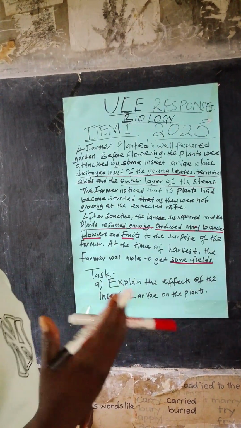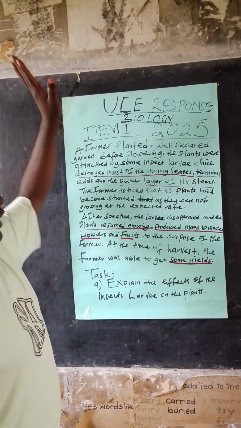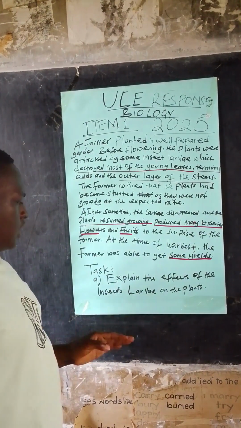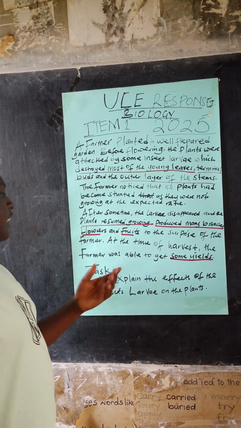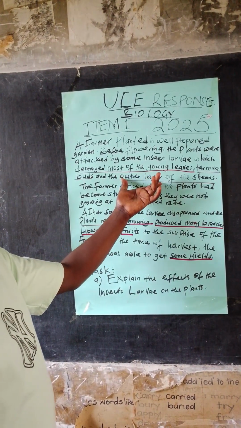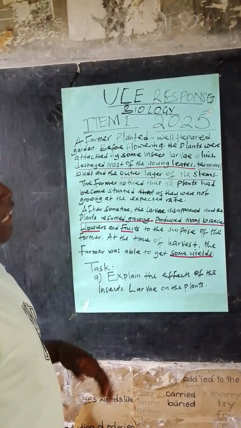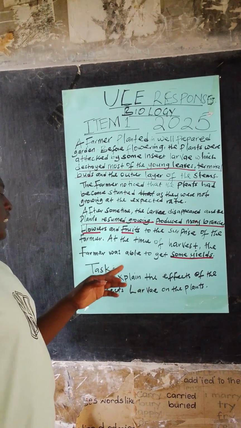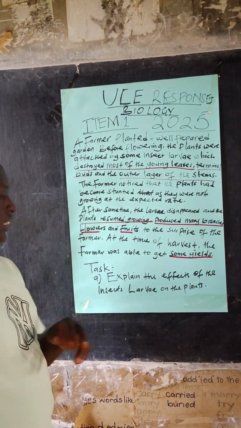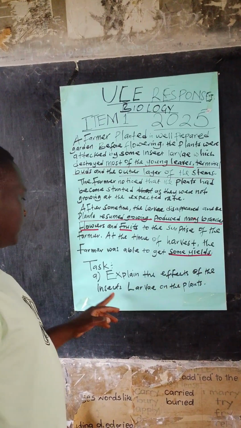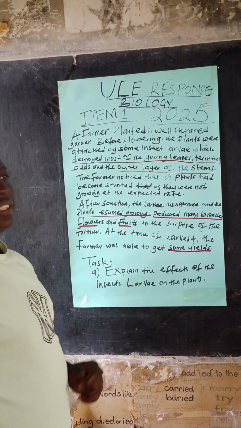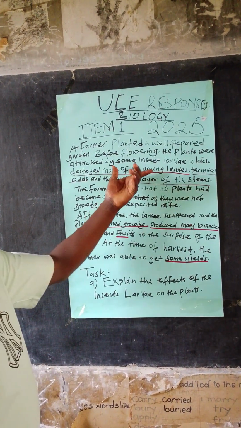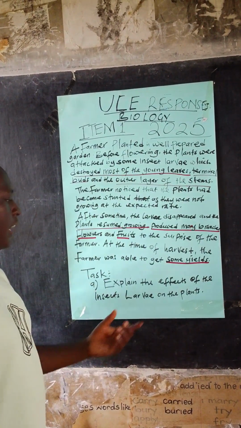We are going to see how we can overcome the effect of the above events which occurred on the plant, and other questions. But let us start with part A. The question says, explain the effects of the insect larvae on the plants. In simple terms, how did these events affect the plant?